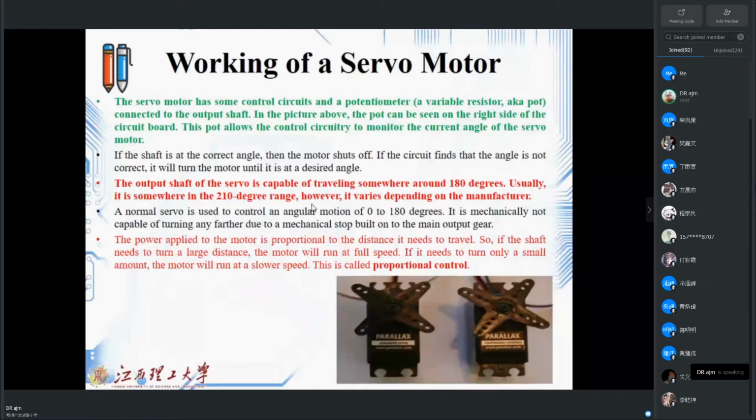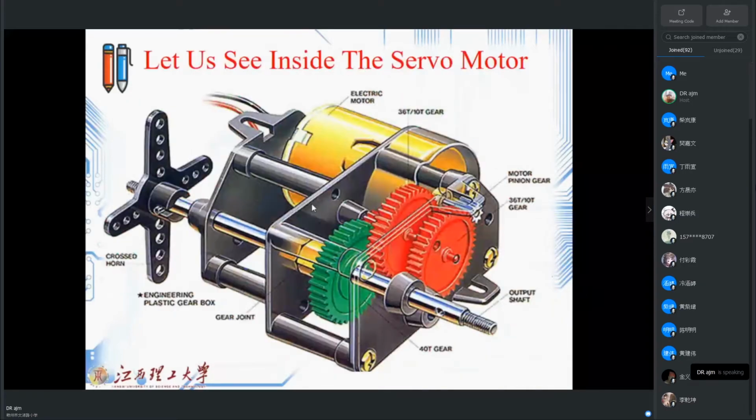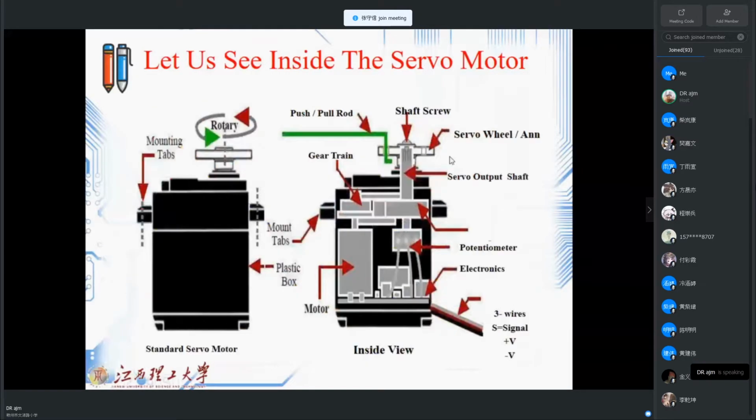Let us see inside the servo motor. You can see we have an electrical motor, which is generally a DC motor. Then we have some gears.